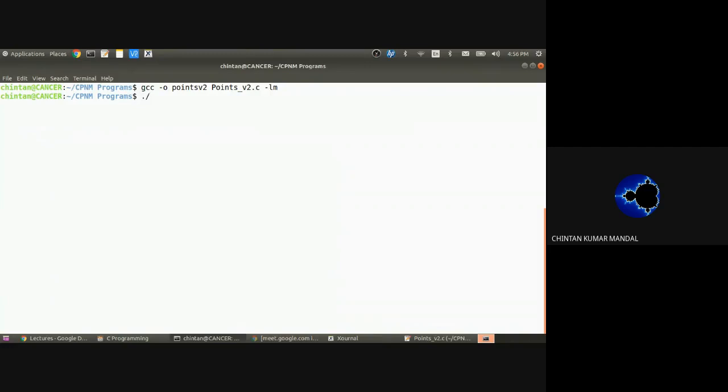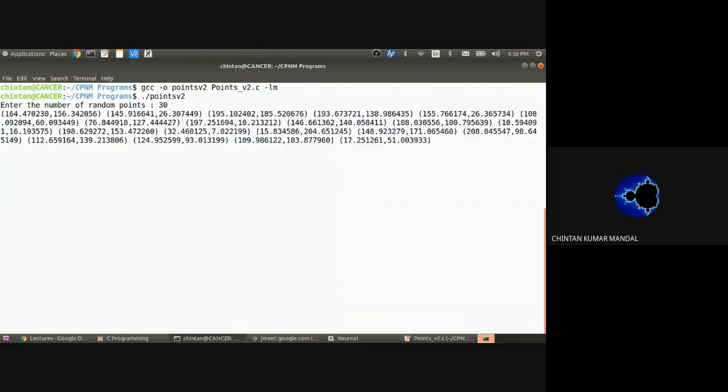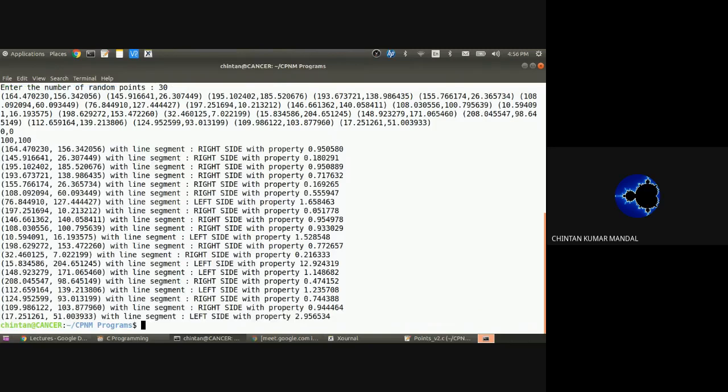So basically points v2. Say you have got 30 points, and you give a line segment 0,0 and 100,100. So you have got this thing.